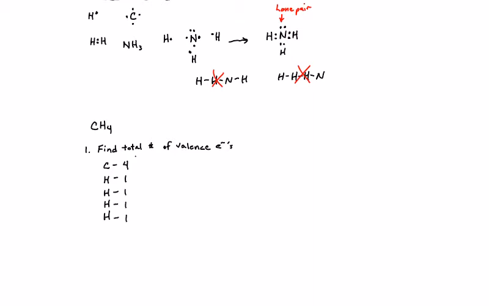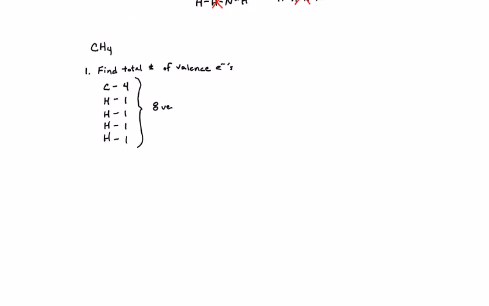So altogether, the molecule that we draw is going to have 8 valence electrons. That's our first step. Second is to arrange the atoms to meet valency rules.